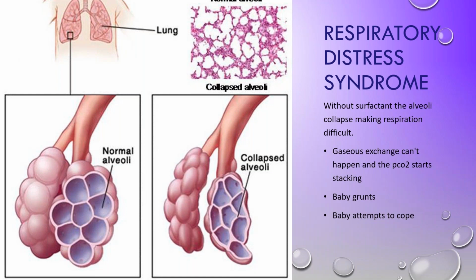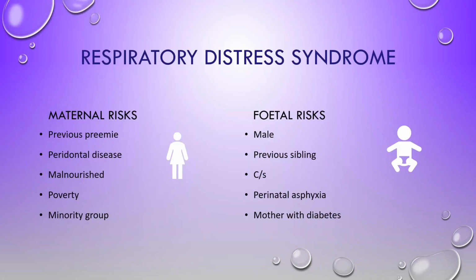And despite you making ventilatory changes, going from nasal cannula to CPAP, from CPAP to ventilation, you end up with these children possibly needing oscillation, which is quite debatable at the moment. So the baby grunts and attempts to cope. And this collapsing of the alveoli is the biggest problem.